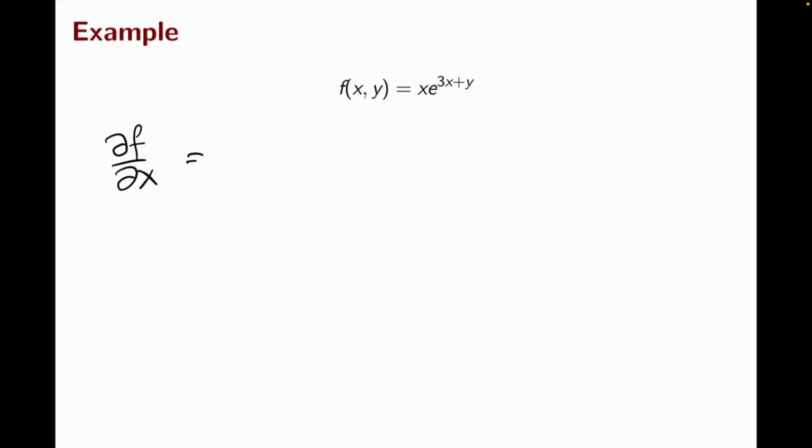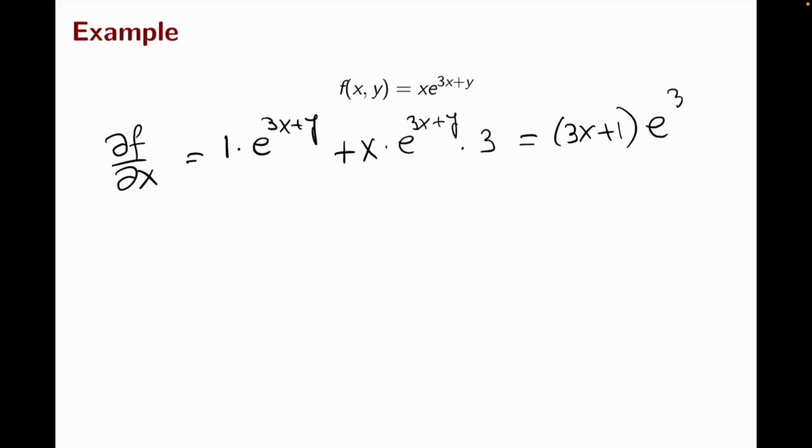So it's going to be the derivative of a product: the derivative of the first one, which is 1, times the second one as it is, plus the first one as it is, times the derivative of the second one, which is e to the 3x plus y times 3. Taking the common factor here, this will be equal to (3x plus 1) e to the 3x plus y.